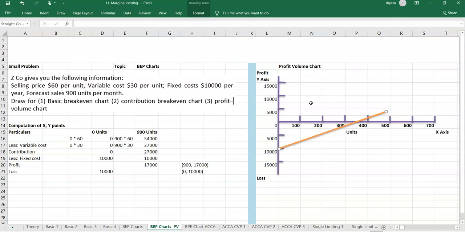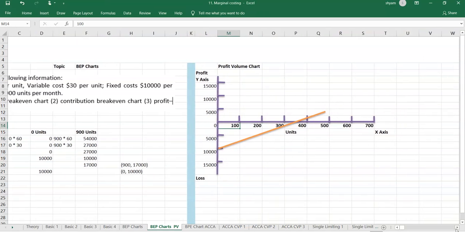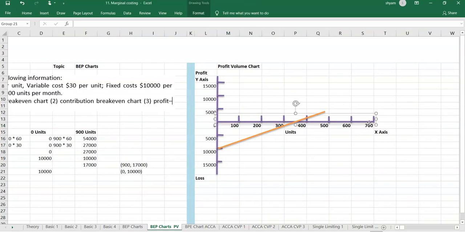And for 900 units, we have to extend the scale a little bit, or else we won't get the 900 point. Or else we have to change this one. We'll change it as 200, 400, 600, 800, 1000.